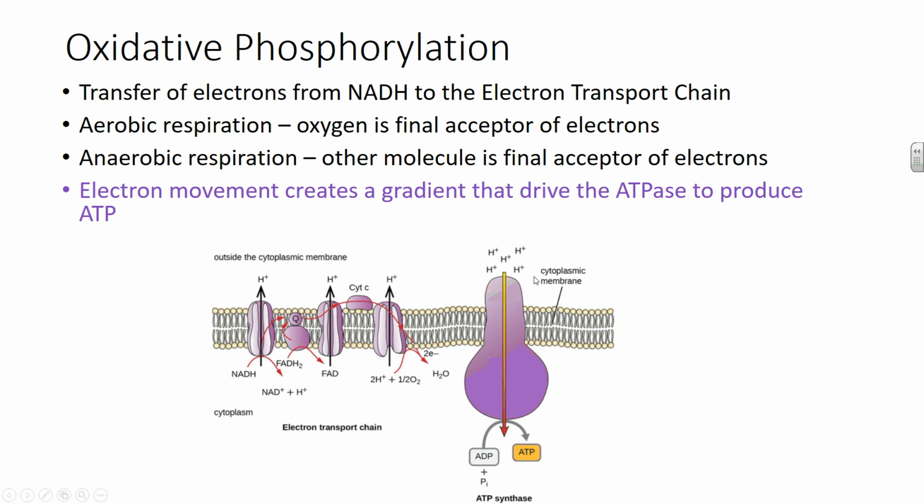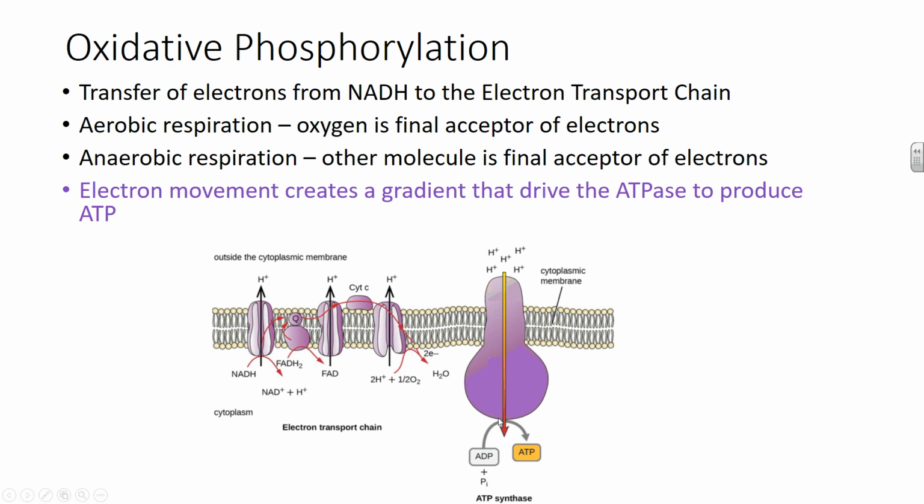So we end up with a large amount of H+ on one side of our membrane. As those protons flow back through this big protein called the ATP synthase, that gives us the energy or the movement that we need to produce energy in the form of ATP.